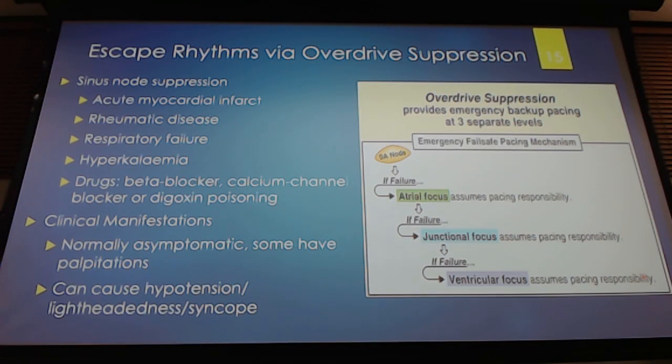And if the SA node fails to fire, the heart has this fail-safe mechanism of a backup pacemaker. So if the SA node fails to fire, we go from atrial down to junctional down to ventricular. A lot of times, again, these patients may not have symptoms.